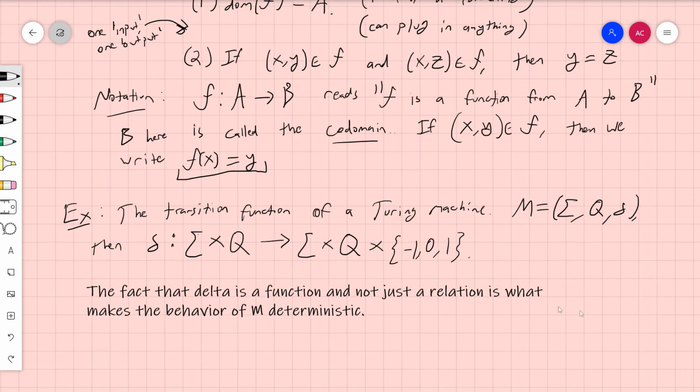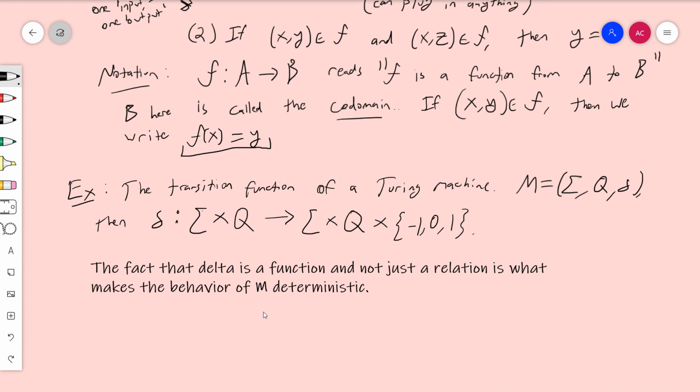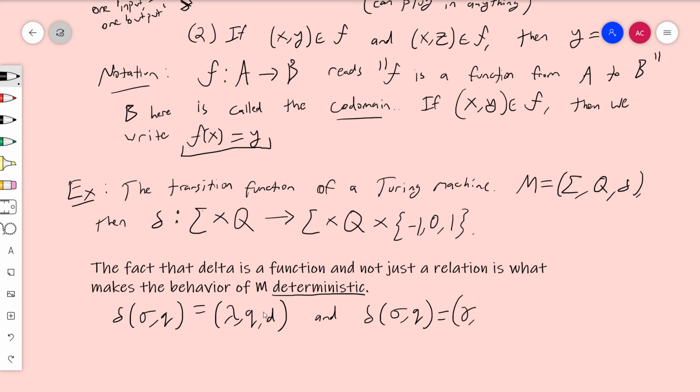Right? If I had two outputs, if for instance delta of sigma, q equals lambda, q, d, and delta of sigma, q equals like gamma, r, d, and these weren't the same, which would be fine for a relation.